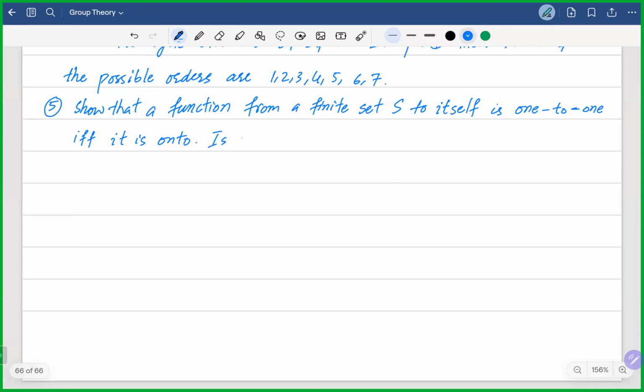And then, is this true when S is infinite?